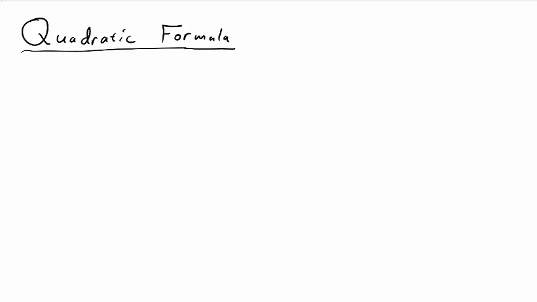Alright, so the quadratic formula begins like this. Many of you have probably already seen it, particularly if you've gone through college algebra, which if you did not test out of it, you did.